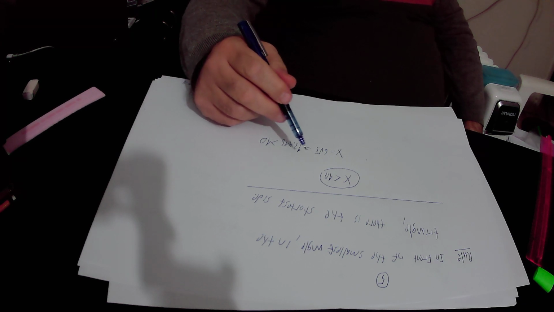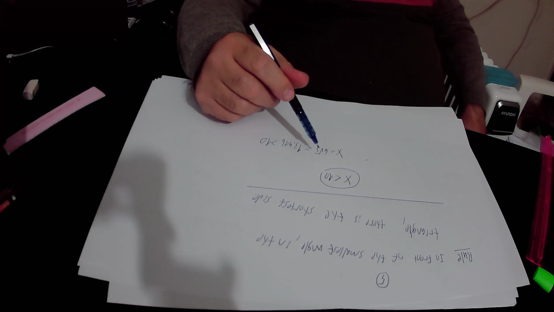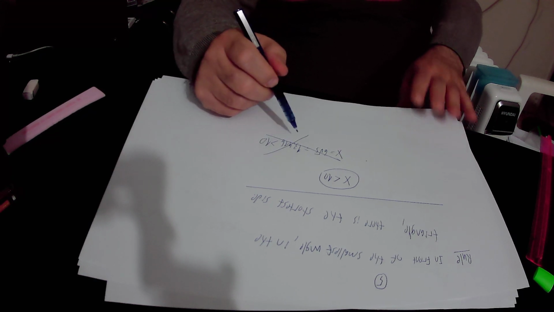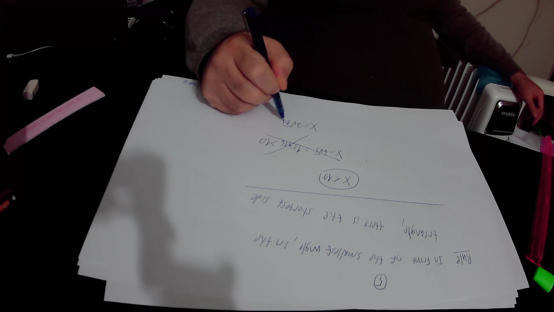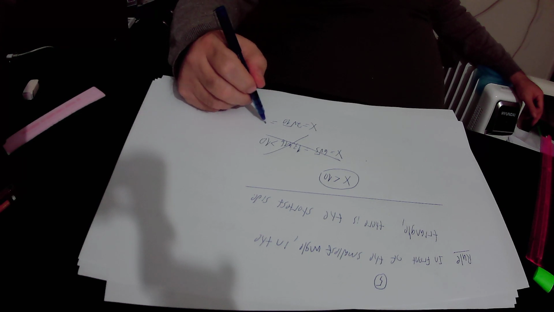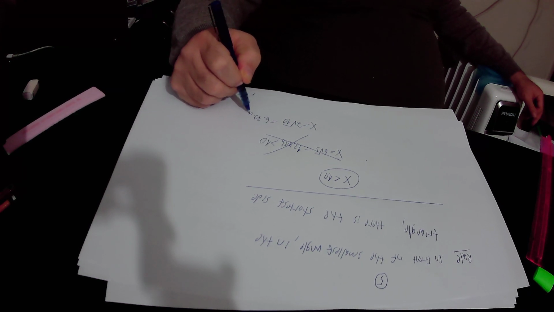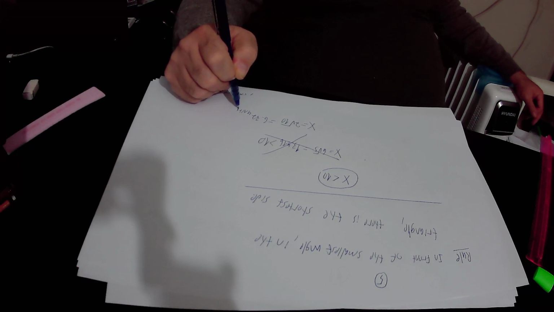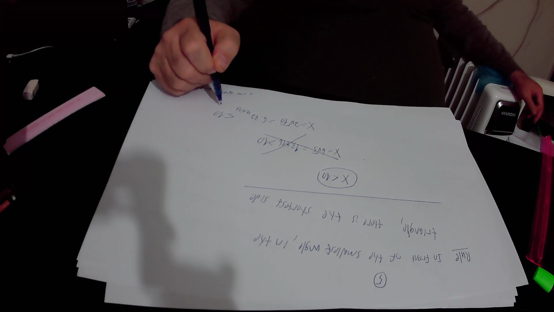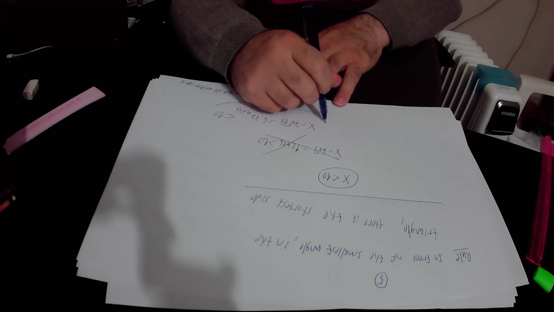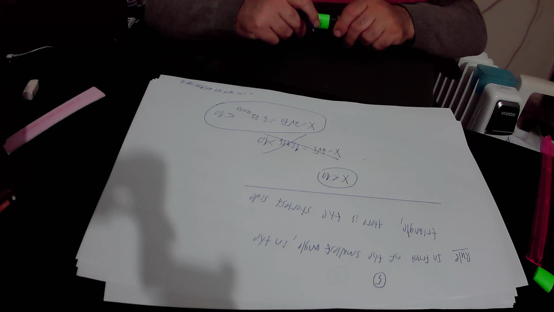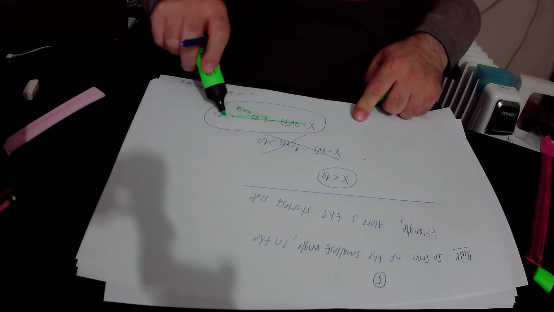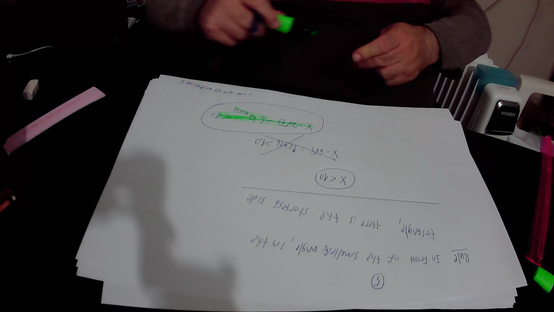So X must be less than 10 units, so this answer is not correct, and we are left only with the second answer, that X equals 2 times square root of 10, that is actually 6.32 units, that is less than 10 units, and that is the correct answer to the question. X equals 6.32 units. Okay.